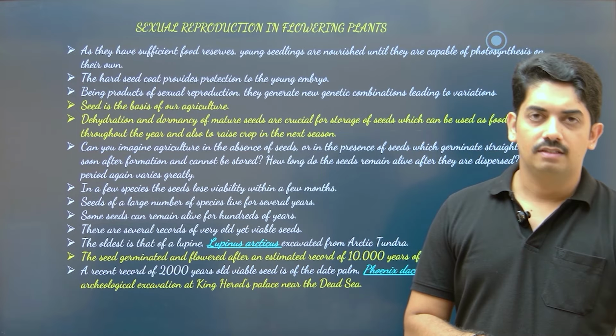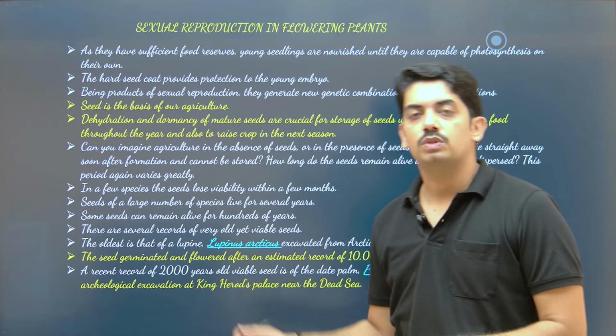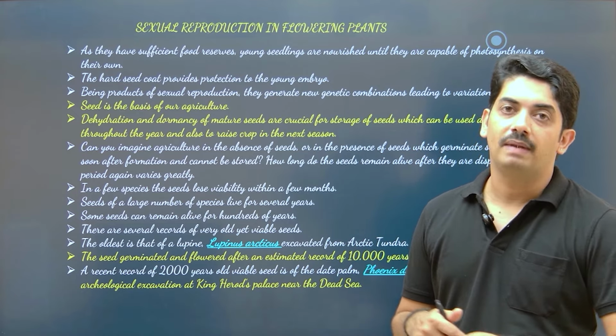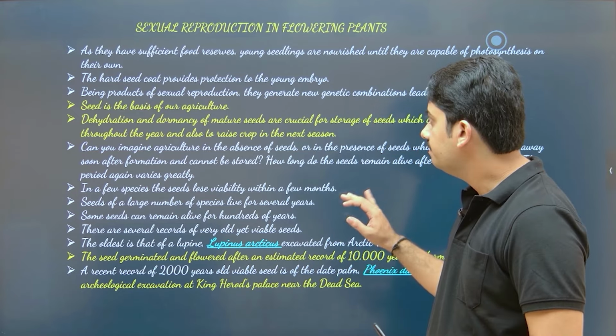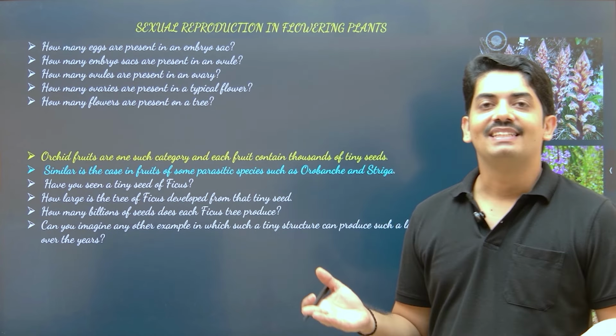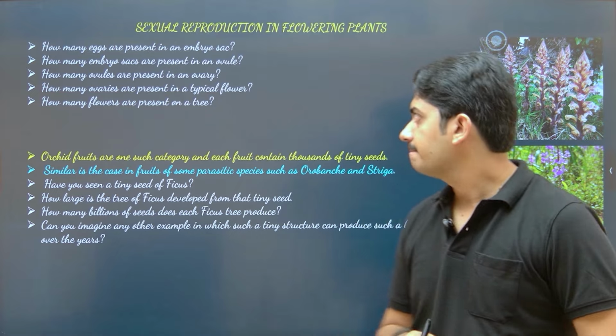Again they got one seed of date palm which is around 2,000 years old and it is viable. They produced the plant from those seeds. So these are the two extreme examples where seed can be viable even up to 10,000 years.